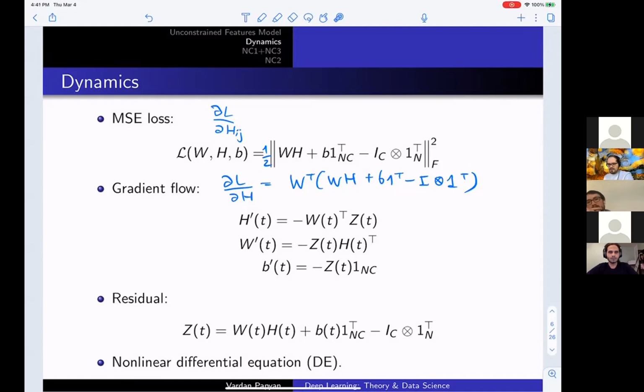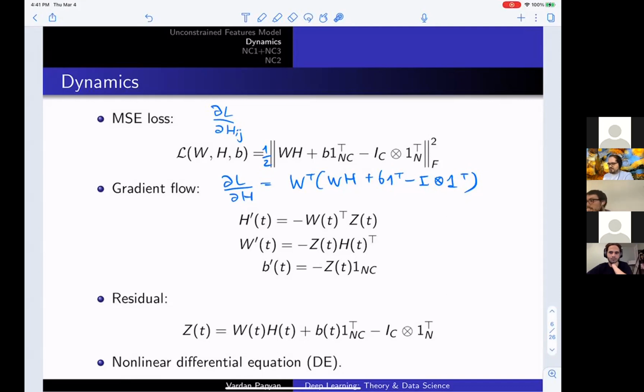So what they did was actually an approximation. And what they suggested was the following. What happens if we look at the dynamics when it is initialized close to the origin? Close to the origin means that W and H are very small in norm.